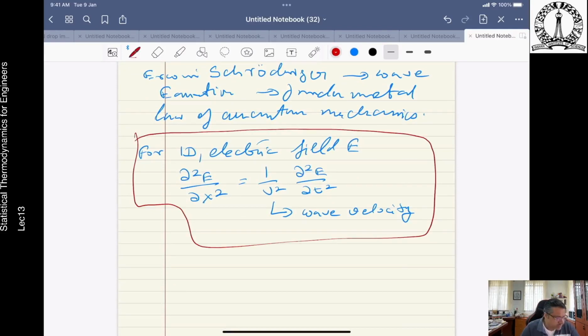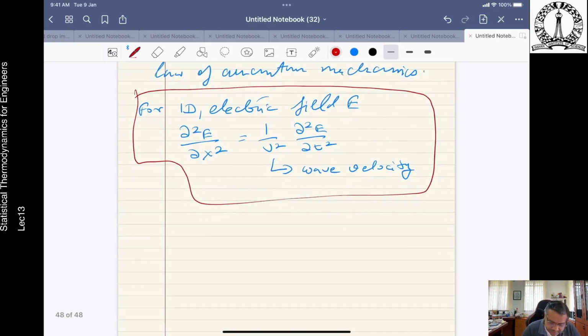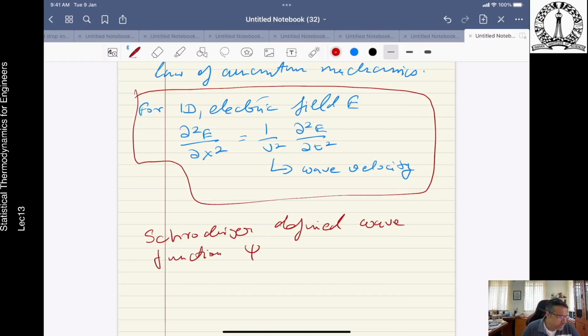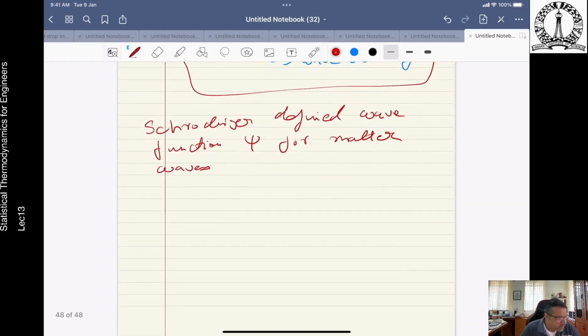This is well known. What Schrodinger did was define a wave function psi for matter waves, following de Broglie's great hypothesis.